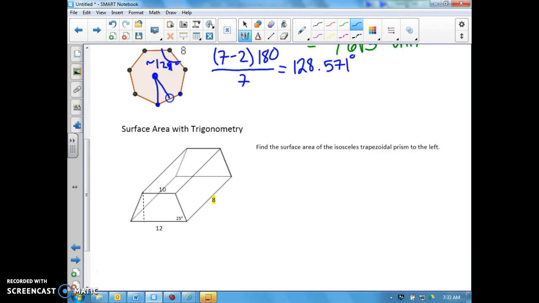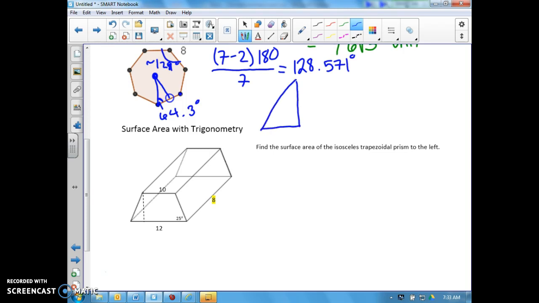Half of each angle then, which is what I'd have here, is going to be about 64.3 degrees, roughly. So I'm going to redraw that triangle so I can see it a little bit better.